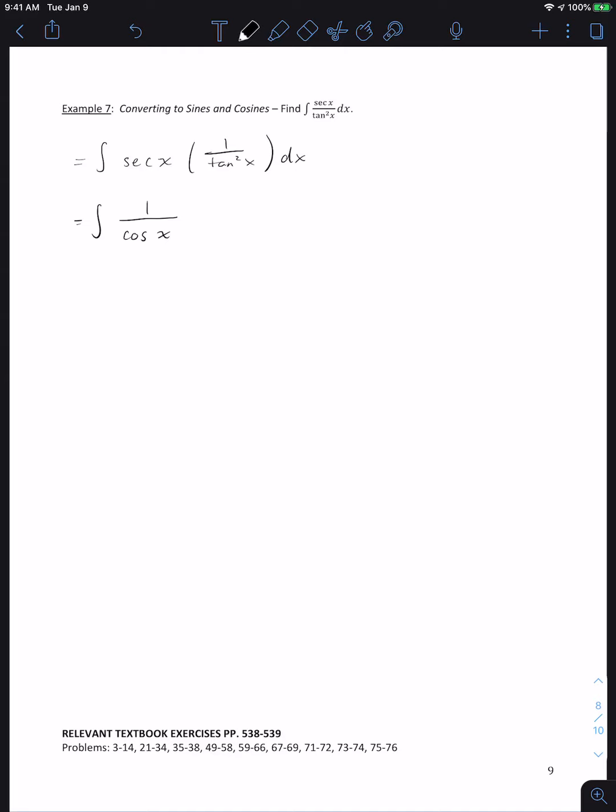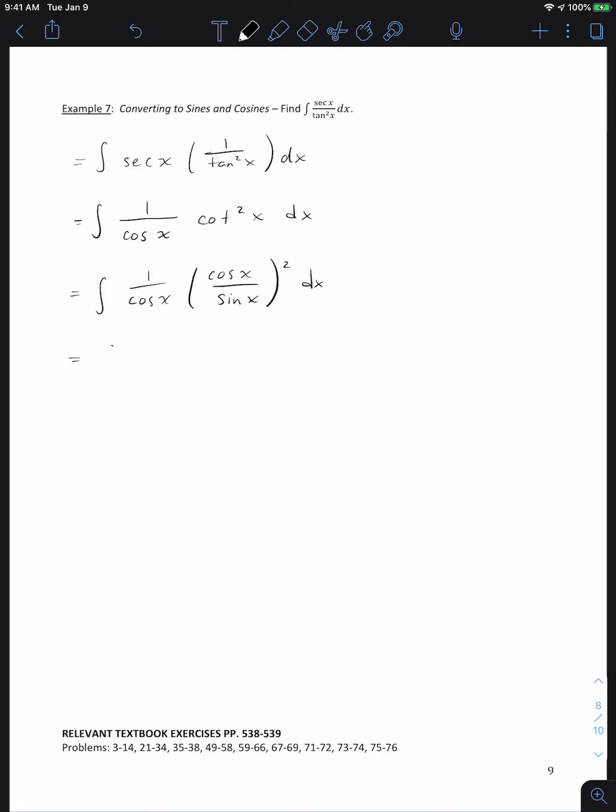And 1 over tangent is cotangent, so cotangent squared x dx. So now I get 1 over cosine of x. And now what is cotangent? Cotangent is cosine of x over sine of x, squared, dx. It's tangent flipped upside down.